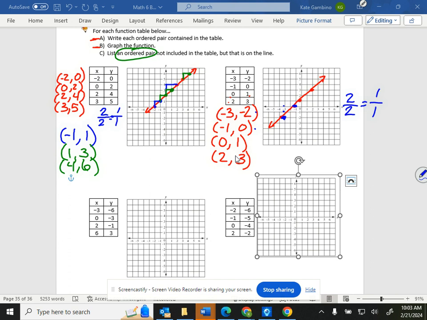I go up 2, so that's my rise. Over 2 is my run. So that's our slope objective that we did last week. That rise over the run. I went up 2, over 2. So now I can simplify that to 1 over 1.